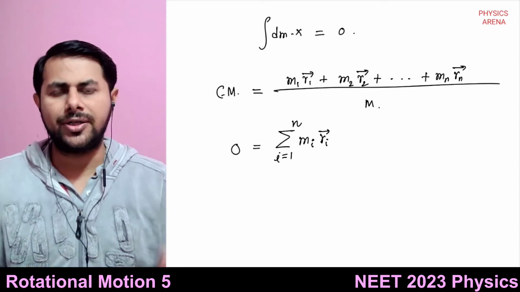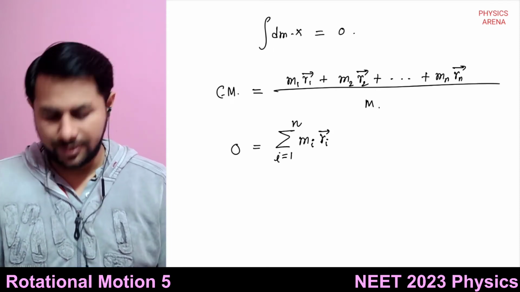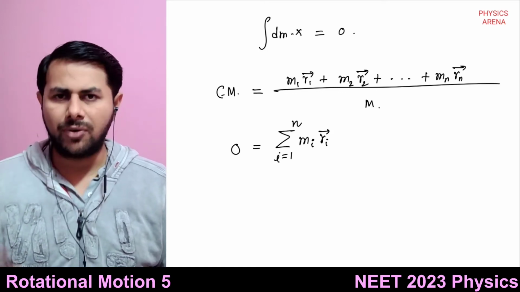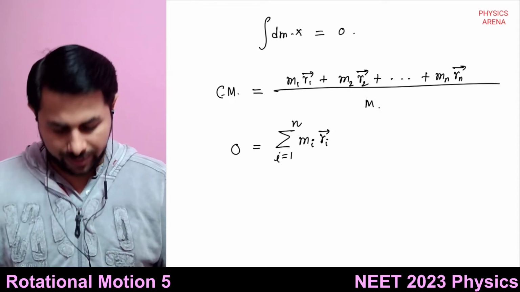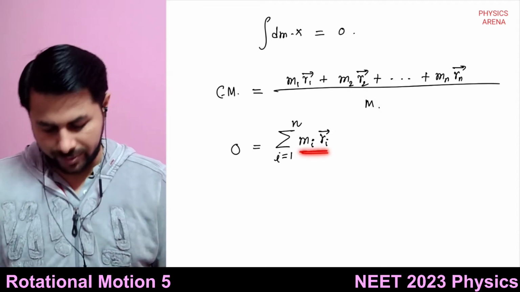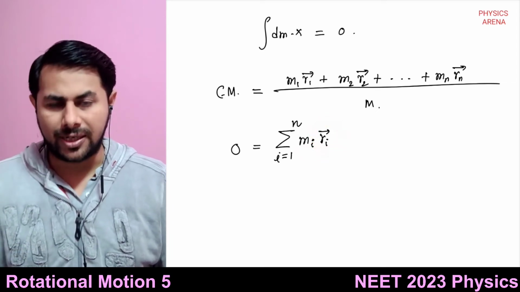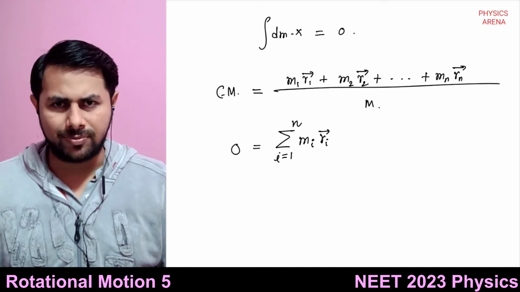And if you have a continuous body, then instead of a summation you will have an integration, right? So this is for discrete masses. If you have a continuous body, instead of summation you will have integration. Now r bar is a vector. It will have three components: x component, y component, z component.